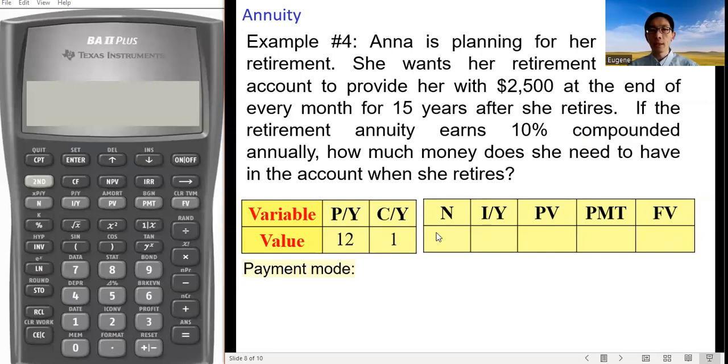And the total number of payment periods, 15 years, the payments are made every month. So N is 15 times 12, which is 180. IY, 10%.